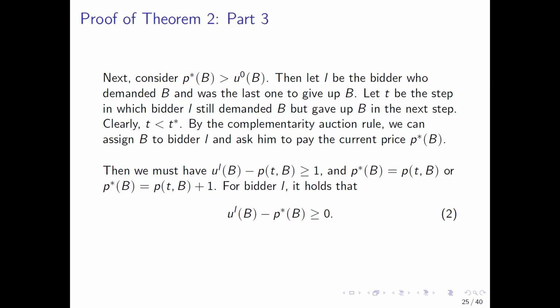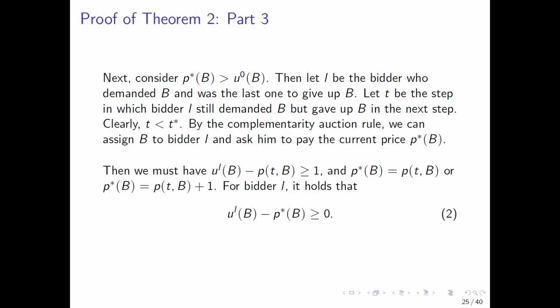That's okay. Let T be the step in which bidder A still demanded, but will give up in the next step. This T must be strictly before T star, right? Then by the rule, we will ask the bidder to take this bundle together with his demanded bundle, but we ask this bidder to pay the current price of this bundle B.